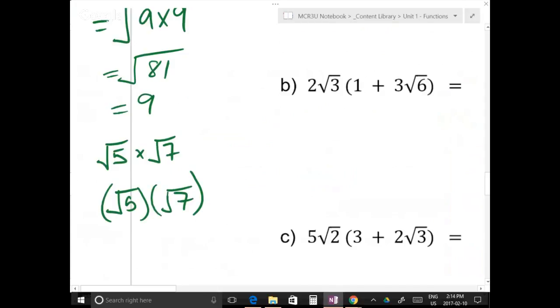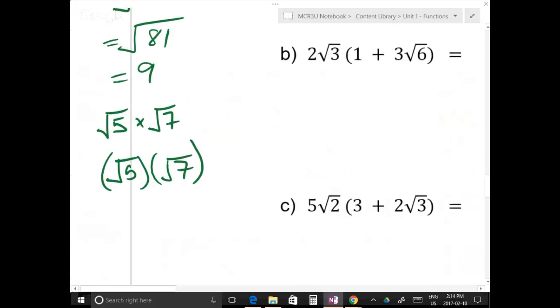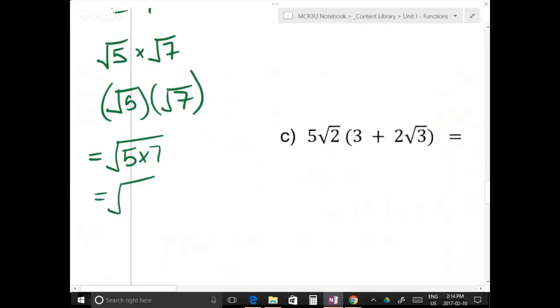But because of what we just showed above, and you can test this on any two you like, I can show it as the root of 5 times 7. What is 5 times 7? 35. Good.